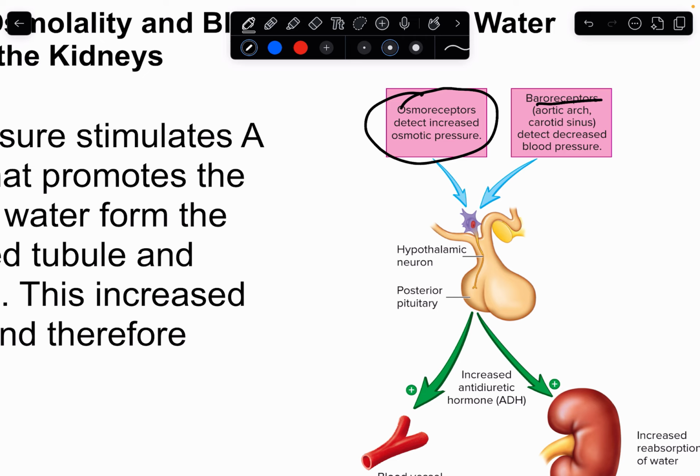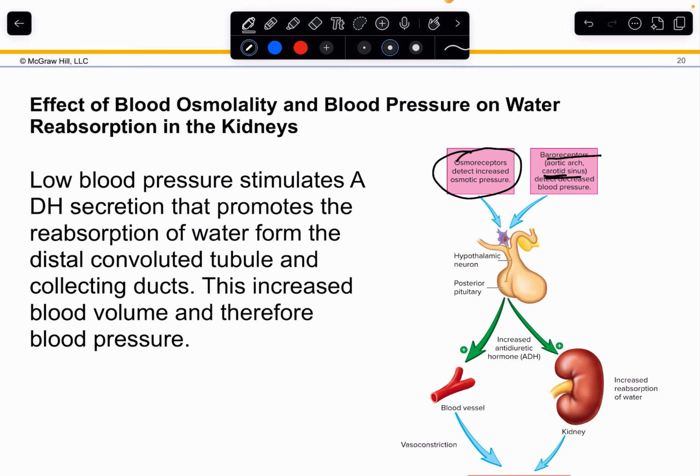Baroreceptors in the aortic arch and carotid sinuses detect decreased blood pressure. The posterior pituitary gland, not anterior, posterior pituitary, increases the production of what? Antidiuretic hormone, which stimulates the blood vessels and kidney.